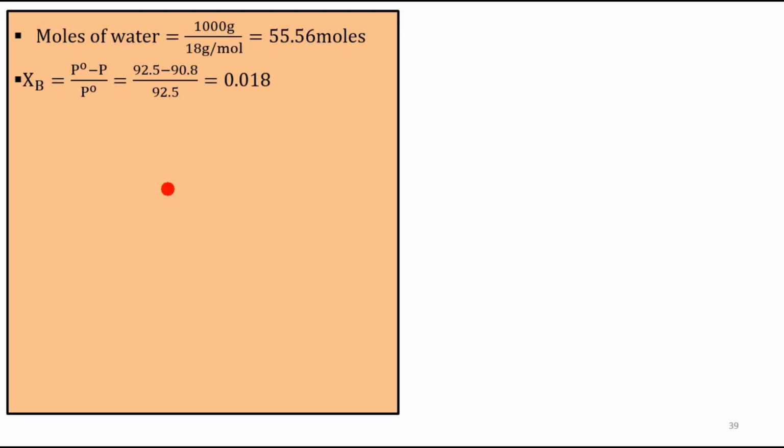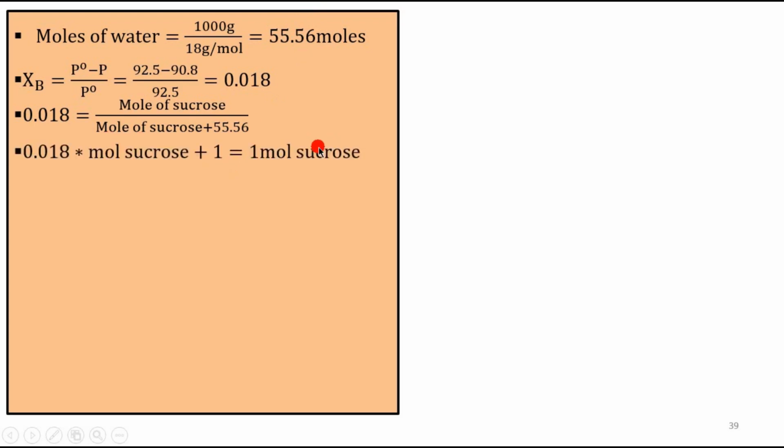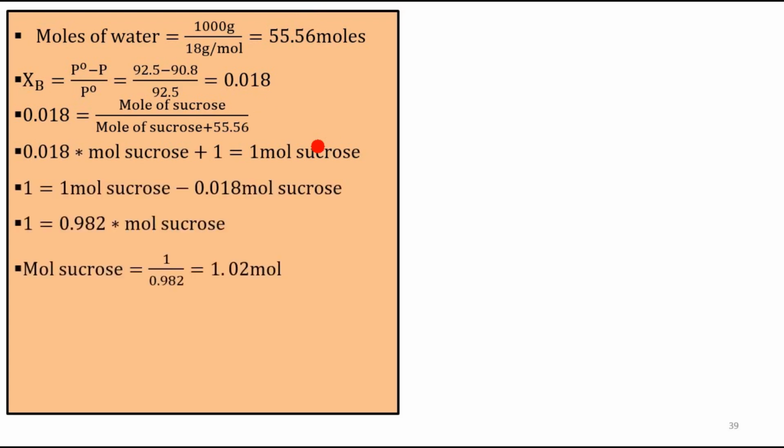It is equal to the moles of solid divided by the total moles, so the moles of sucrose over the moles of sucrose plus the moles of water. Here we can then find the moles of sucrose, which is the moles of solid. So this is the rearrangement to find the moles of solid.